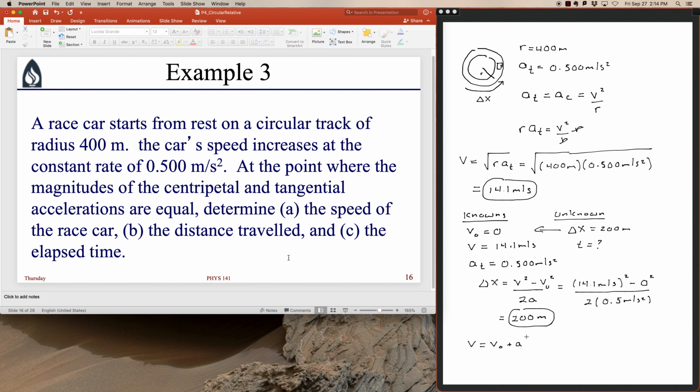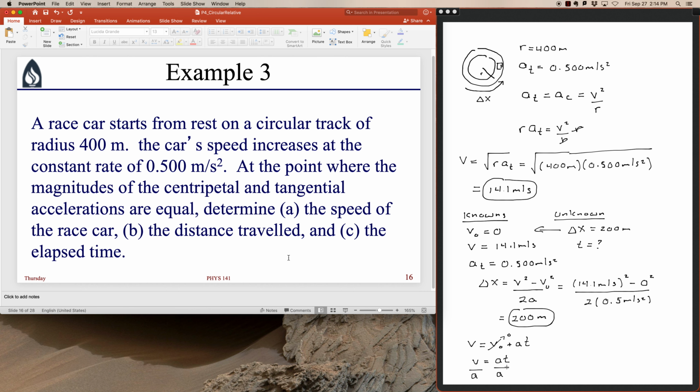I know that the initial velocity is 0, so that simplifies this equation greatly. Final velocity in this case would be just acceleration times time. And then I'm solving for time, so I can divide both sides by acceleration.